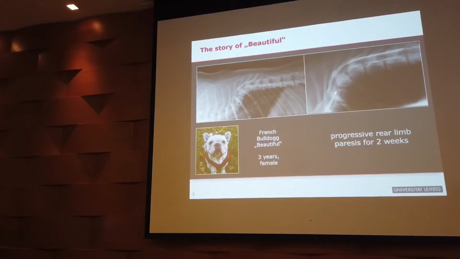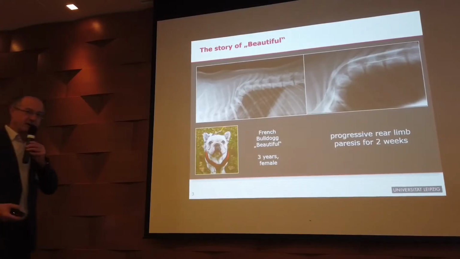Those clinicians even did a myelography, so they injected contrast in the subarachnoid space. That white stuff here is contrast, and you can see how the spinal cord is narrowed by that malformation. Probably it's about half the diameter in the area of the malformation in comparison to the normal area.